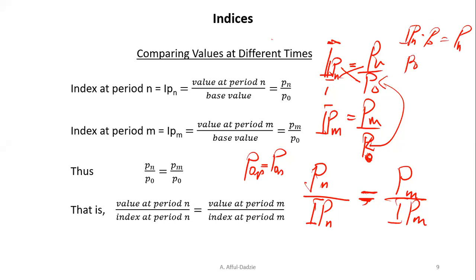So P0 equals PN over IPN. So the base periods are the same for both, so we can equate them. So we can have an expression that has PN over IPN equals PM over IPM.